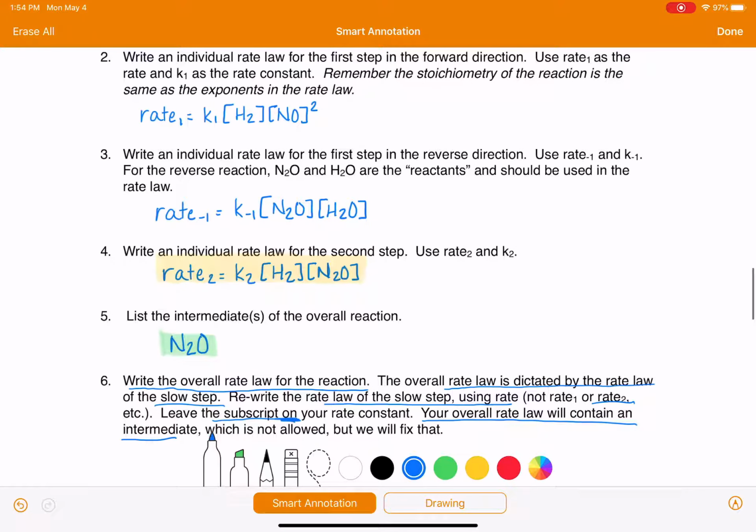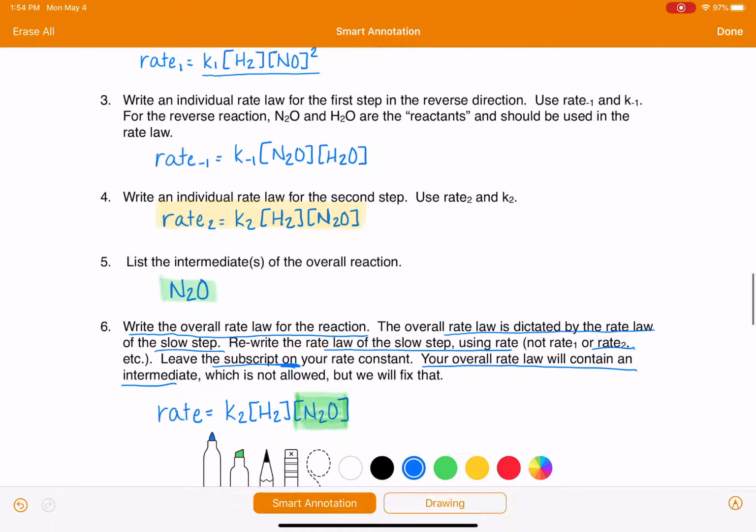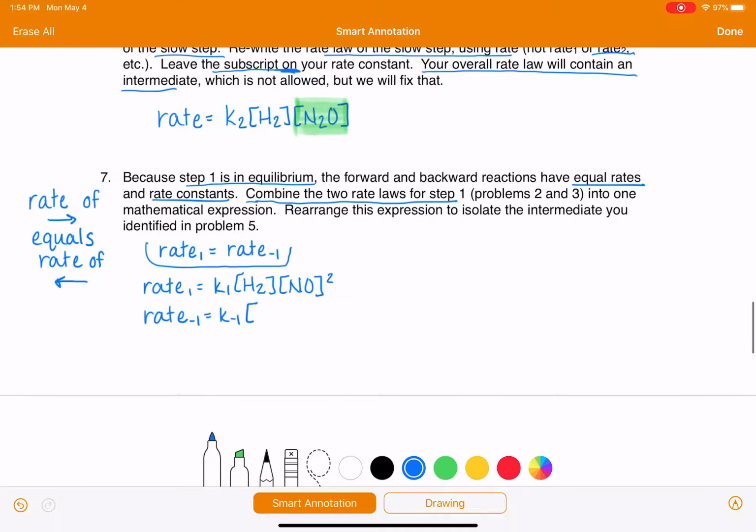For K1, it is H2NO squared. So all we're doing right now is just copying them. And then for K-1, it's N2O, H2O. So now we have them where we can see them. So what we want to do is combine the 2 rate laws into one mathematical expression.